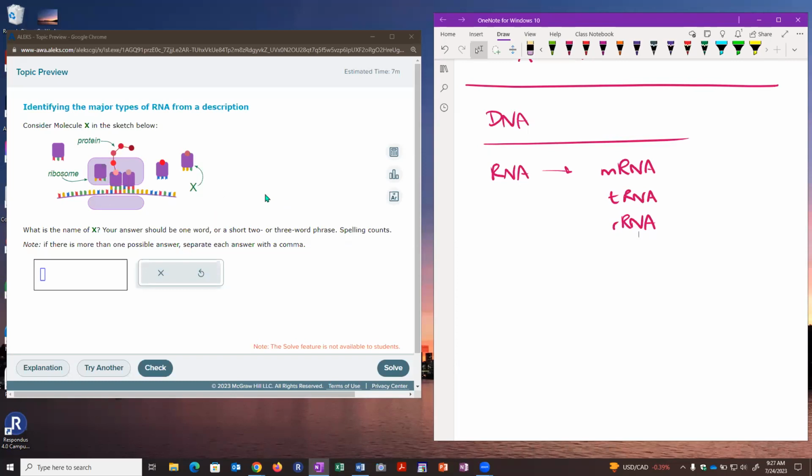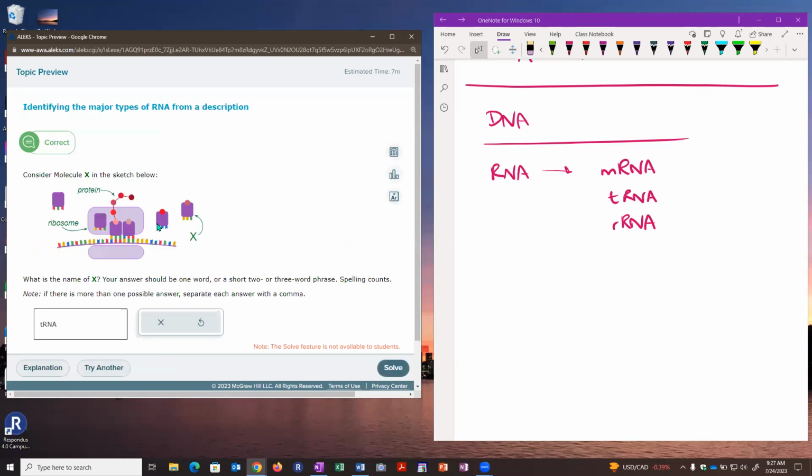So in order to make a protein, you need amino acids being connected together. What brings the amino acids to the ribosome? Well, that's your transfer RNA. These transfer amino acids here at the top to the site of protein synthesis, where they can be connected via these peptide or amide bonds, and you have your protein being made. So in this case, that would be your transfer RNA, or tRNA.